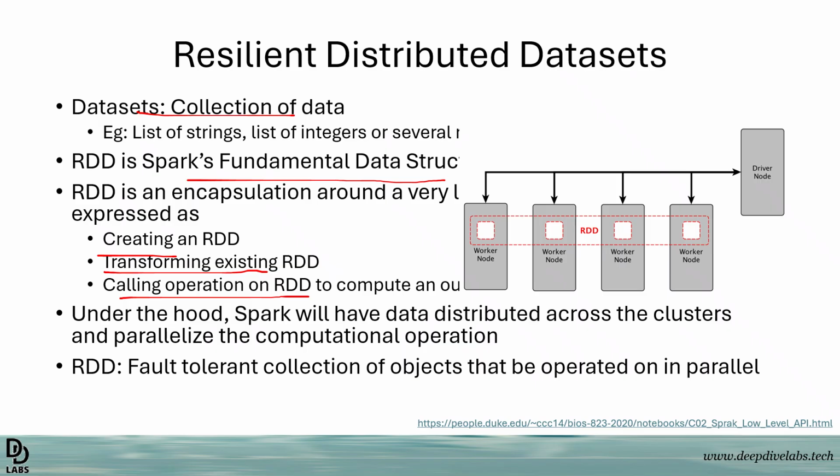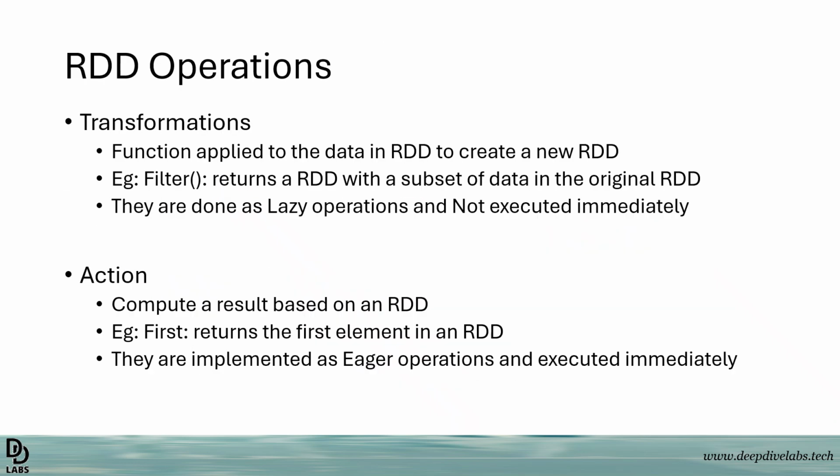Because multiple workers are doing your operation in parallel. This is a very important thing to understand. We'll work on some of the coding for RDD so that you can understand it better, but it helps to see this visual. There are two types of RDD operation. One is called transformations, the other is action.